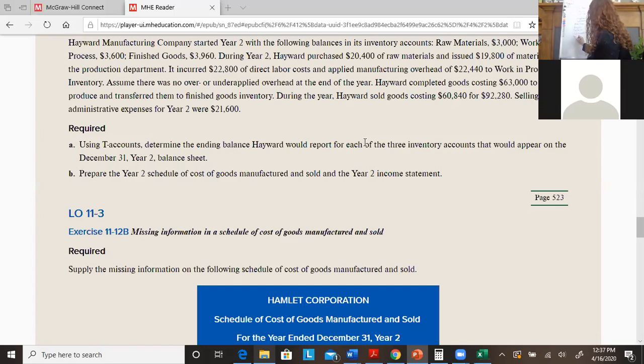So beginning finished goods, and subtracting out ending. So cost of goods sold is 60,040.